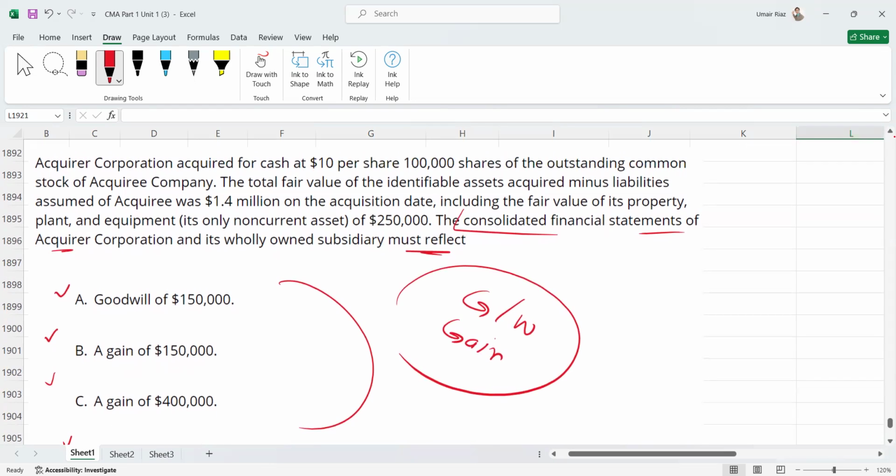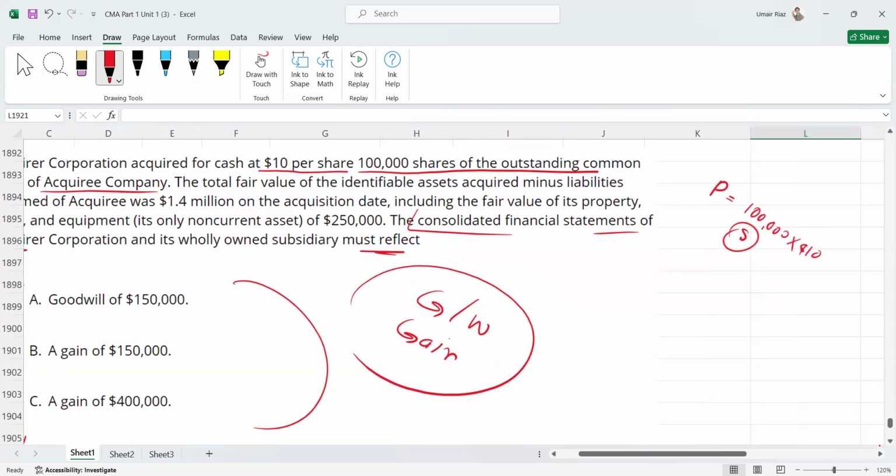They're saying Acquirer, a corporation, acquired for cash at $10 per share 100,000 shares of outstanding common stock of the acquired company. Actually, what happened is there's a parent company, and the parent company has acquired 100,000 shares of the subsidiary and paid $10 for each share. Indirectly, the parent company has paid $1 million to acquire the subsidiary.